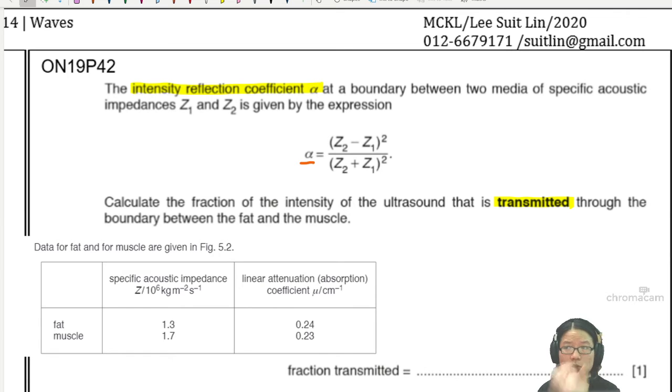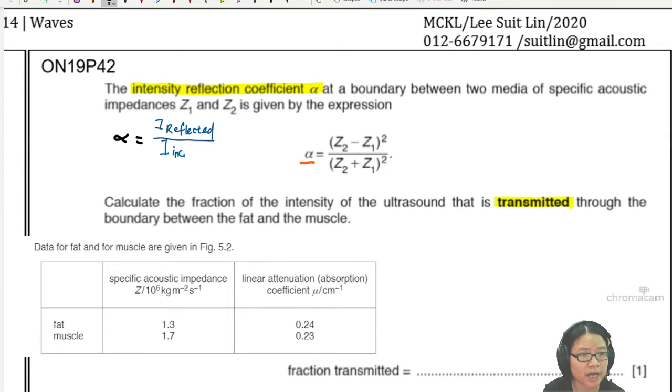It's worthwhile to remember that this alpha value carries the meaning of a reflected intensity, so I reflected over the incident intensity. Either you put I naught or I incident.